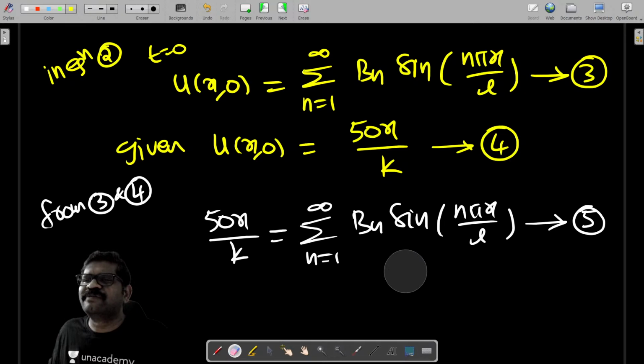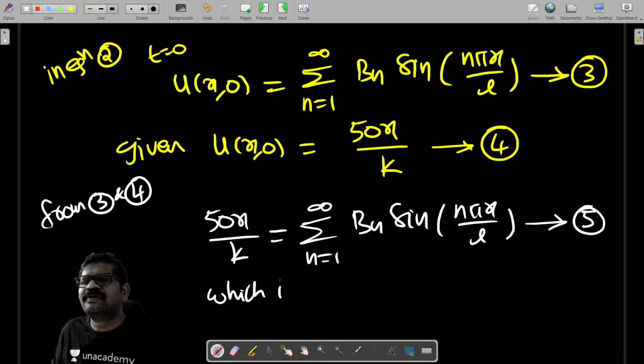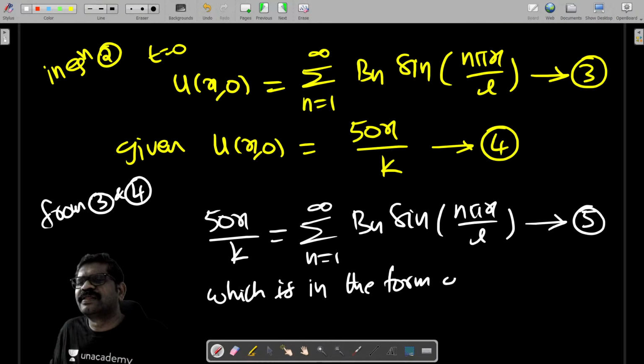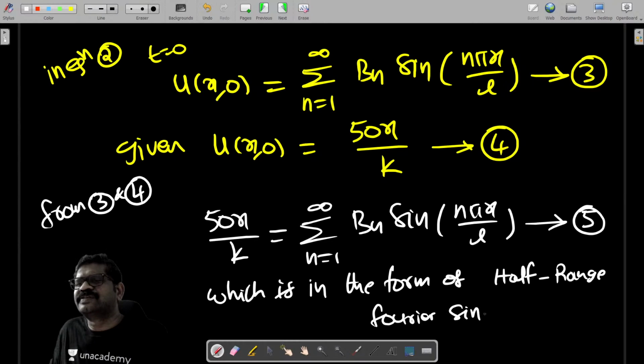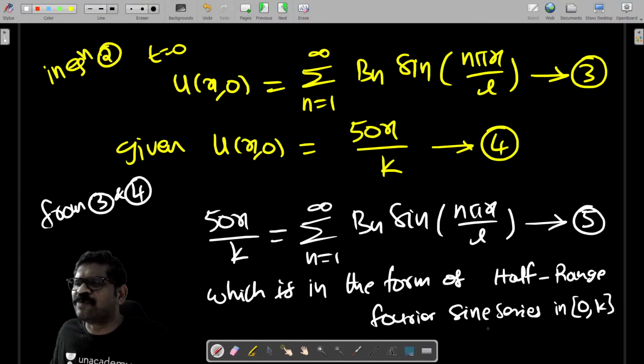You have to write it in the form of a half range Fourier sine series in the interval 0 to k. By using the Fourier sine series formula, you have to calculate the value of bn.